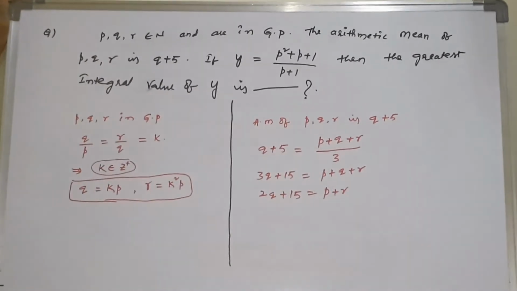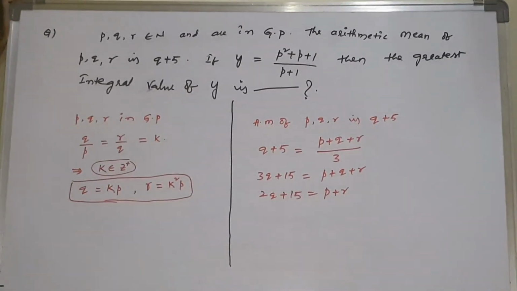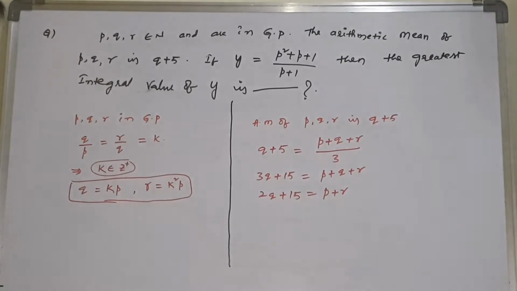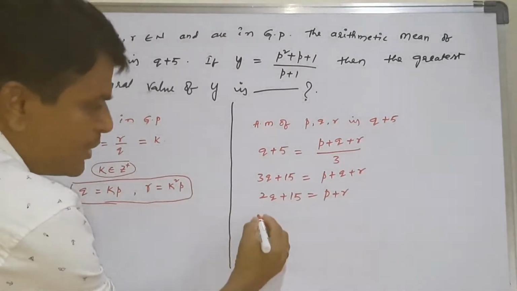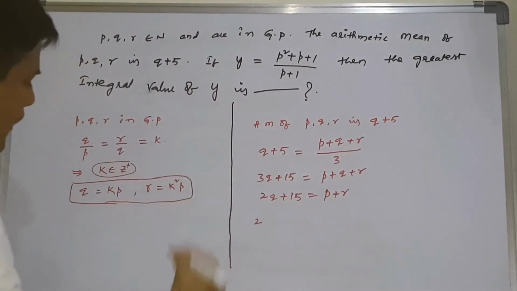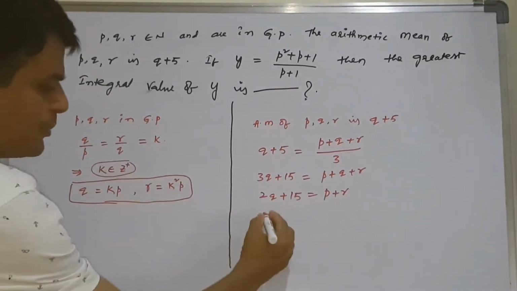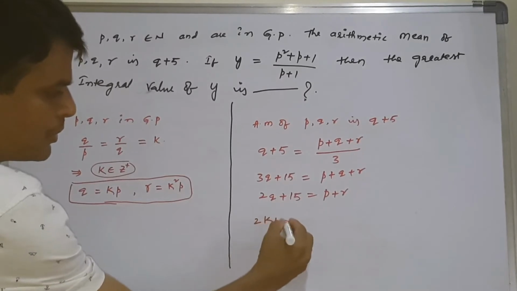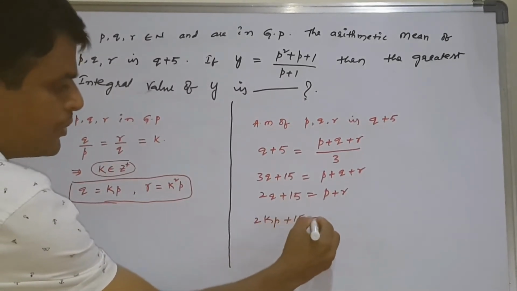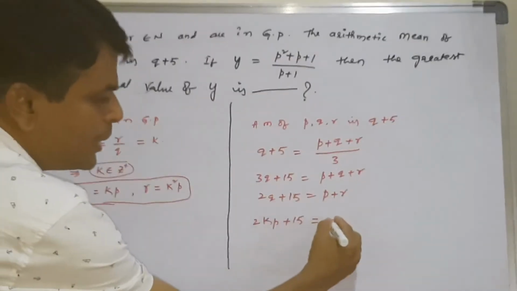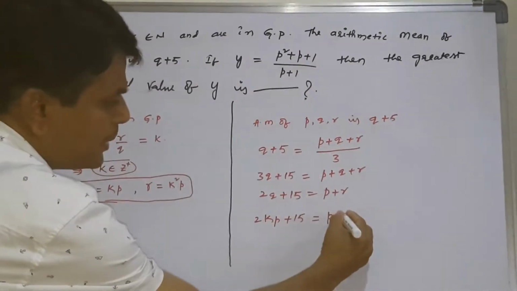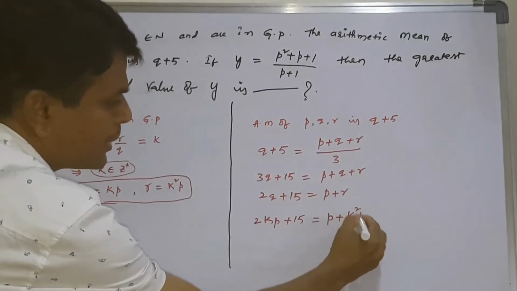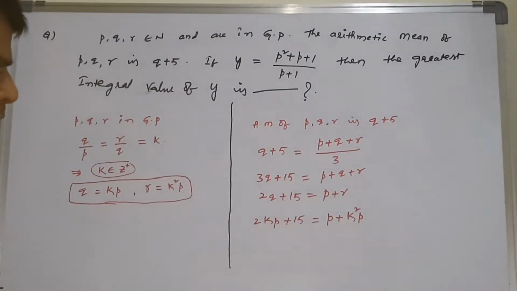So I have to calculate the value of P. Replacing Q and R from the first condition, we get 2 into K times P, plus 15, is equivalent to P, which we write as it is because we need to calculate P, plus K square P for R.